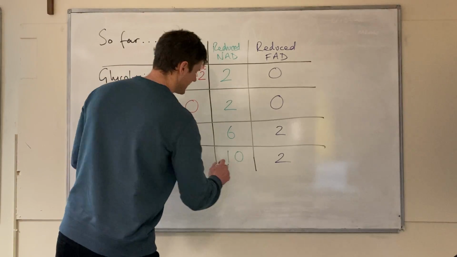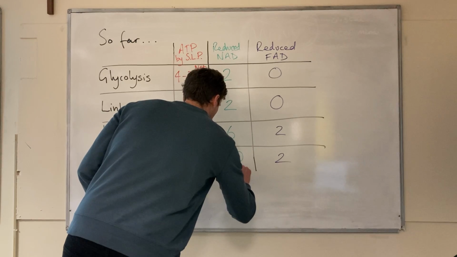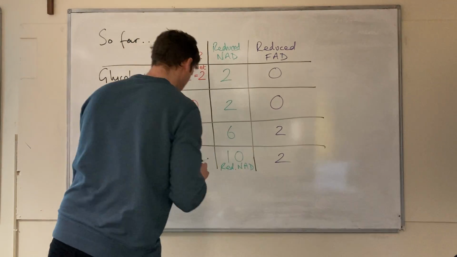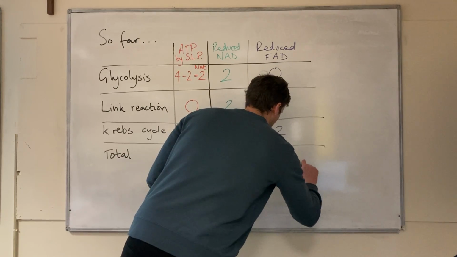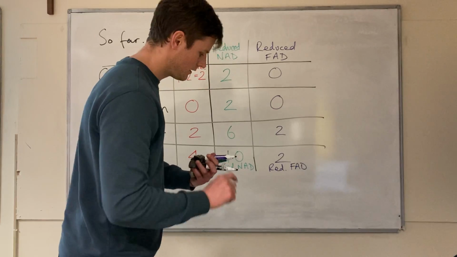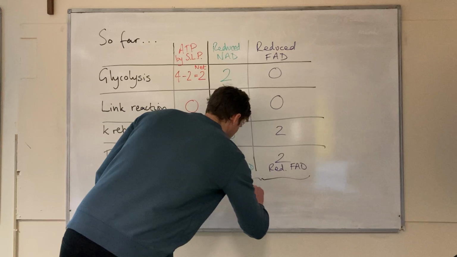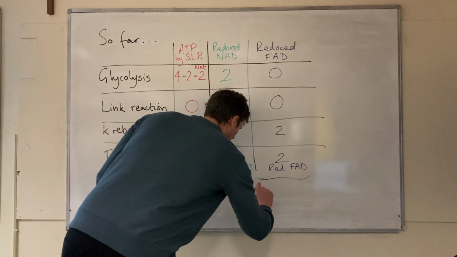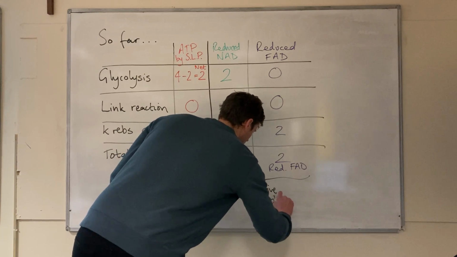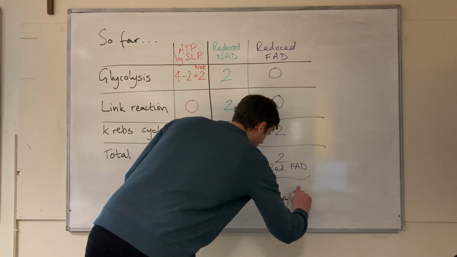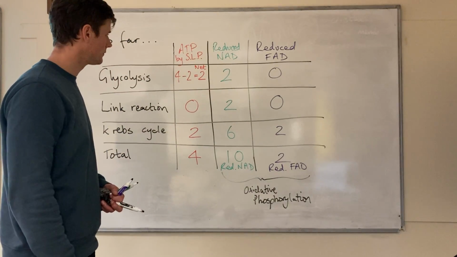So the 10 reduced NAD and the 2 reduced FAD are now passed on to the oxidative phosphorylation at the electron transport chain.